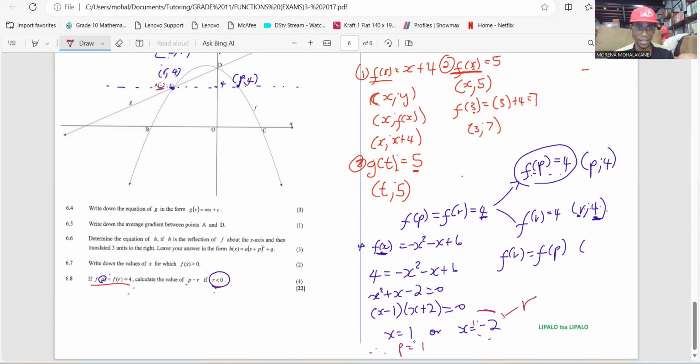So now I can answer the question. 1 minus -2 is going to give me 3. And that's how you answer the question. So this is where you start the question, then you end here.